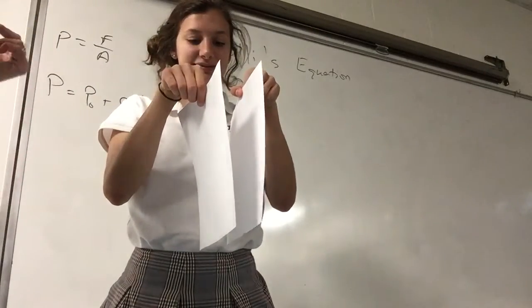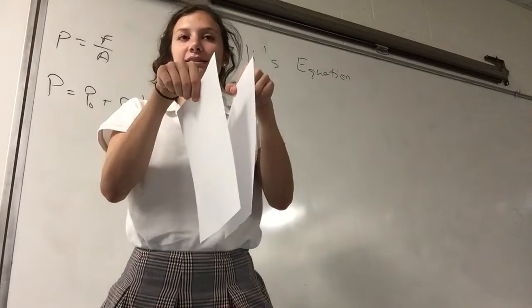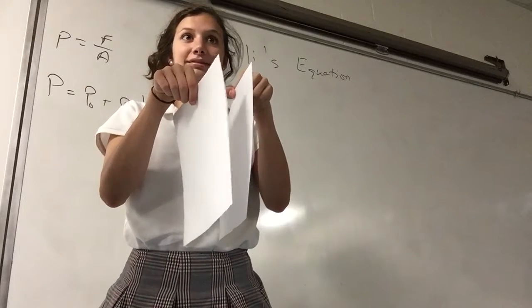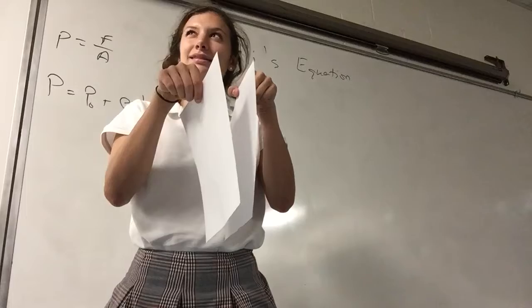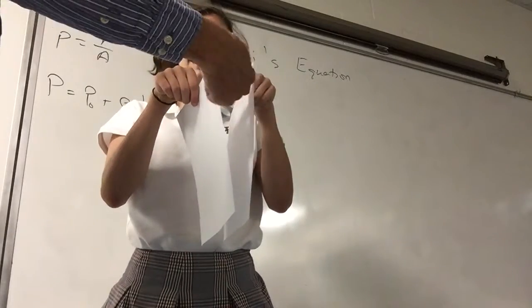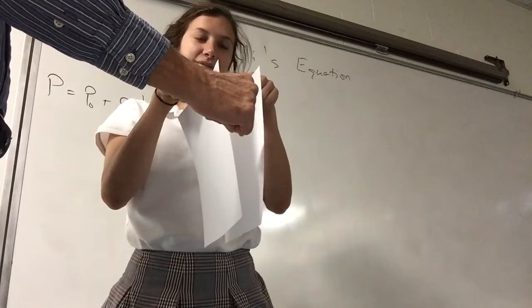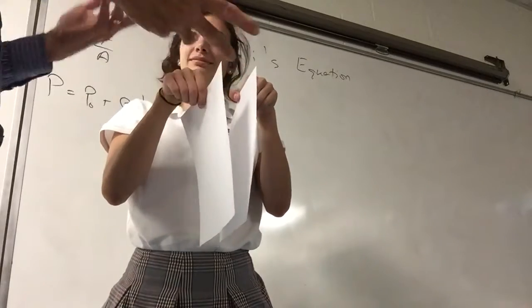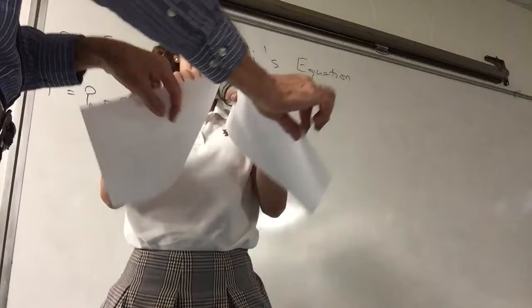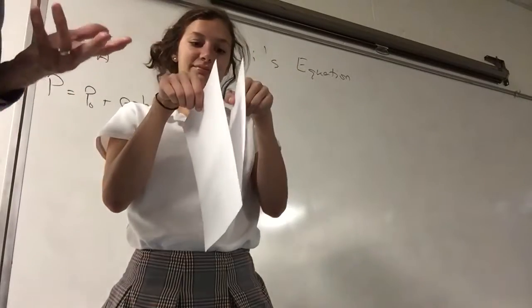Now, if what I said was true, what should happen? They would actually come closer together because if you increase the velocity, you decrease the pressure between them. Now, if that doesn't happen, you would just expect the air you blew down there to blow them apart. And that might be what you would guess.